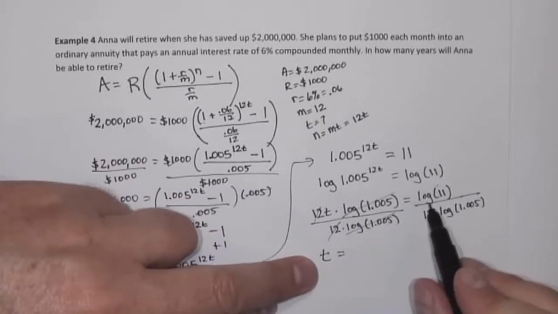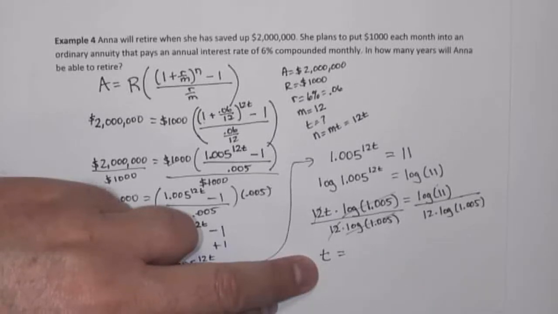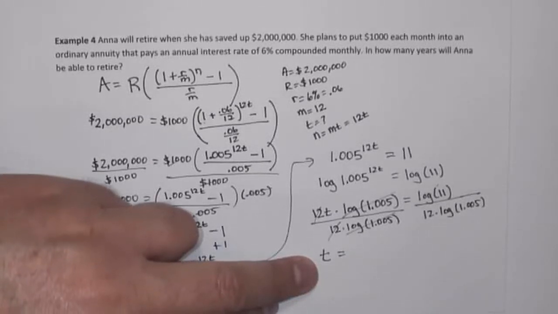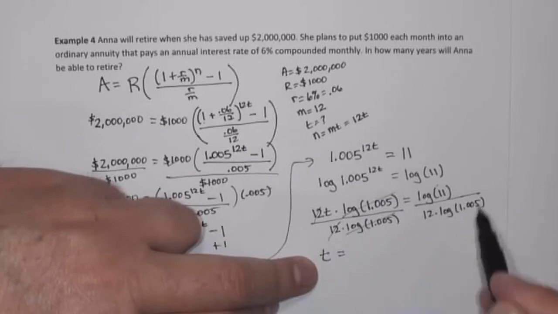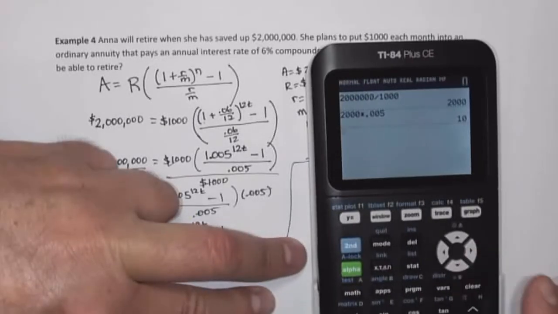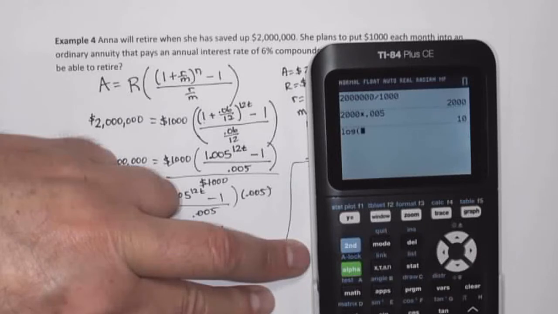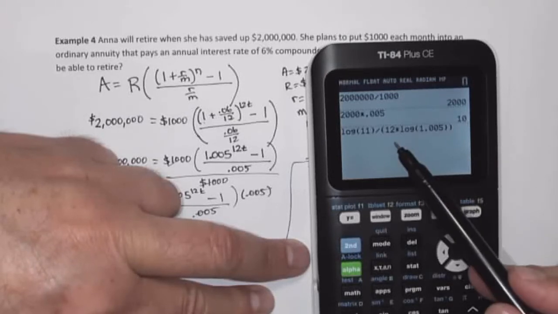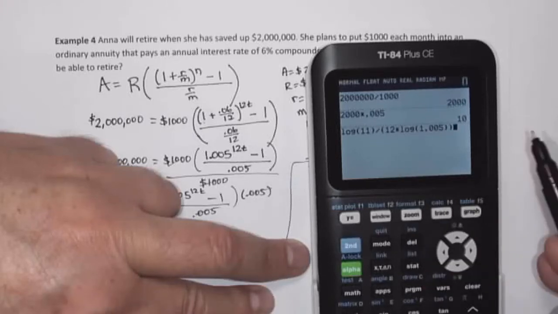On the right-hand side, I have the log of 11 divided by 12 times the log of 1.005. Now, I do have to be careful how I type that in my calculator. I'm going to do the log of 11, close the parentheses, divided by, now I need to put this in parentheses, so I'm going to do 12 times the log of 1.005, close the parenthesis for the logarithm, close the parenthesis for the denominator.